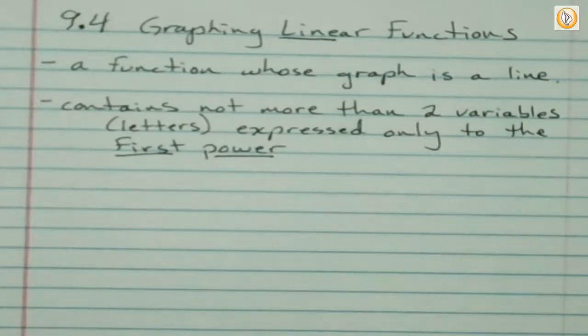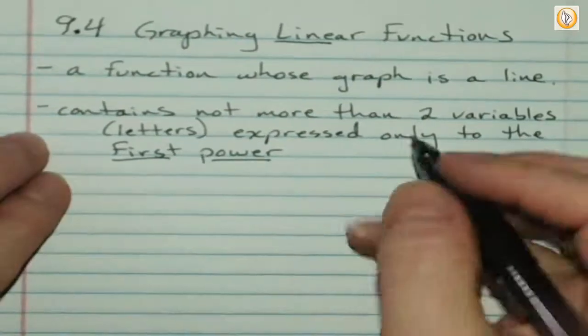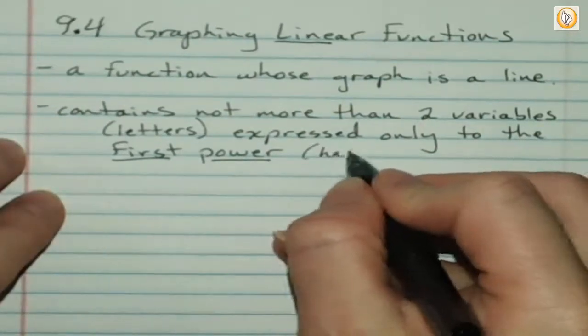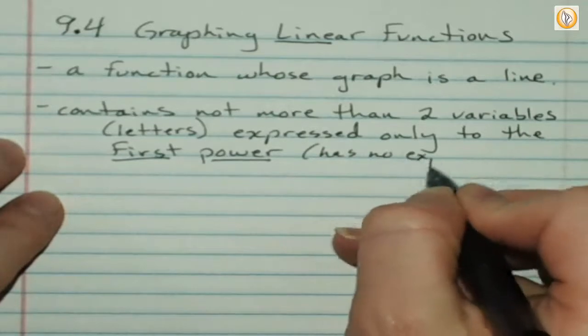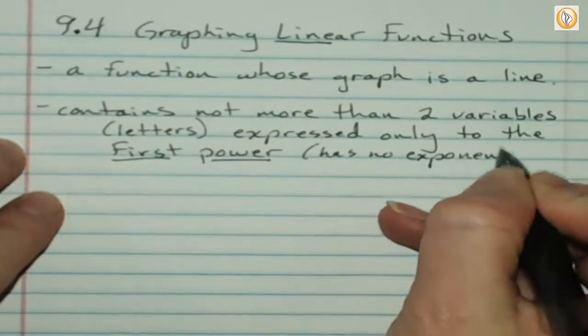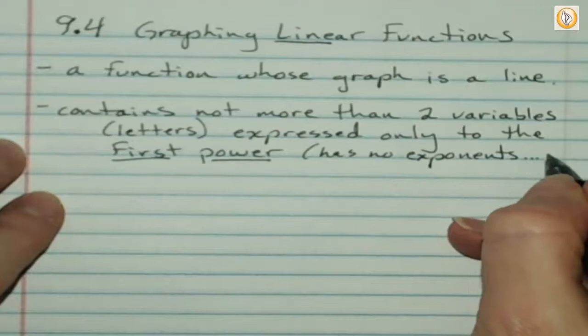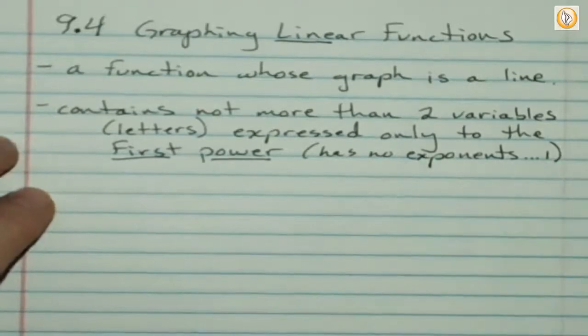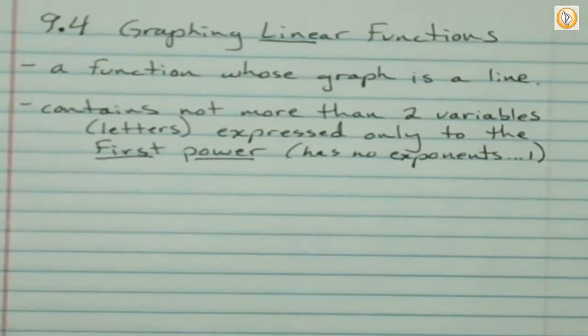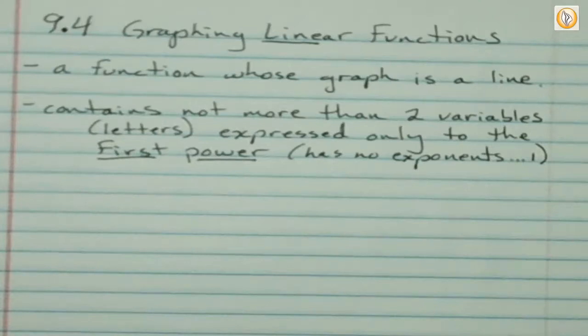It doesn't have any exponents. Just one. The number one. So yes, first power, meaning you're not going to see squared or cubed or to the fifth power or something. It's written with two variables.